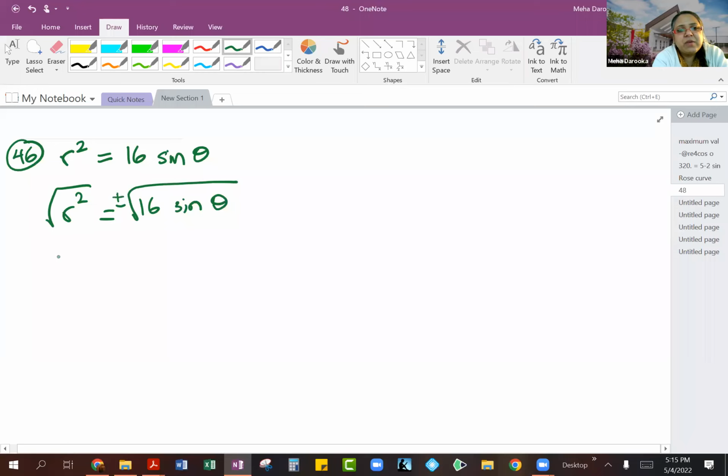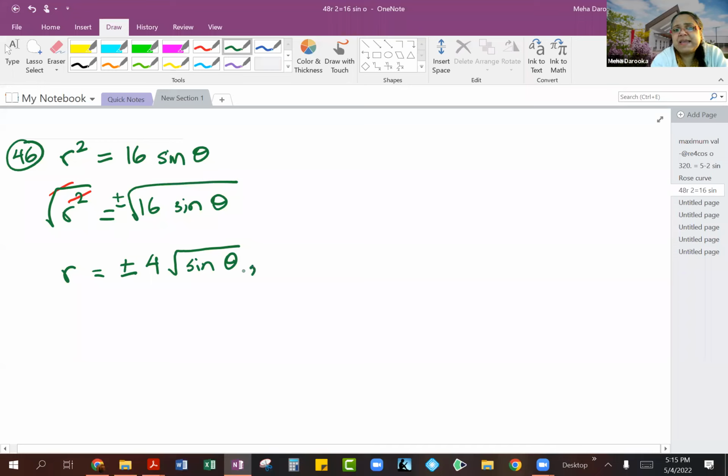So if we take a square root on both sides, of course, square and square root will cancel out, leaving us with our r value. We will, of course, have plus or minus because you are taking a square root. Now, since 16 is a perfect square, we can take the square root of 16, which will come out to be 4, and then you will be left with the sine, which will be inside your square root symbol.